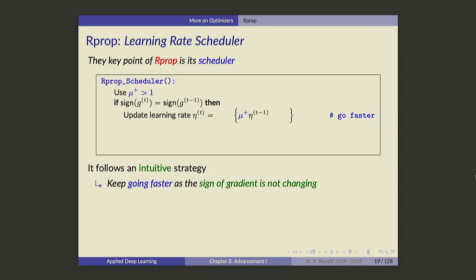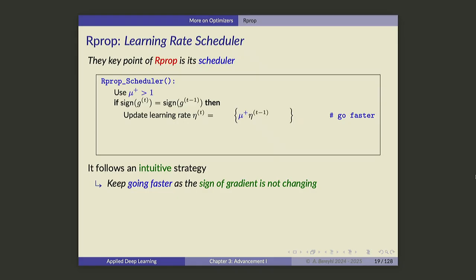I should keep going. So since the sign of the gradient is not changing, maybe we can increase our step size, right? So what you do, you get this mu plus, which is more than 1, and you multiply it with the previous learning rate that you had, right? So you started with a small step like this, and then you see, oh, the gradient is still forward, so I'm going to take a longer step, a longer step, a longer step, and I keep doing it as long as the gradient each time tells me the same direction, right?